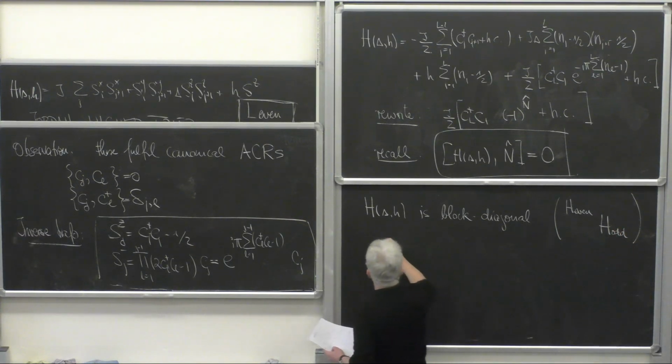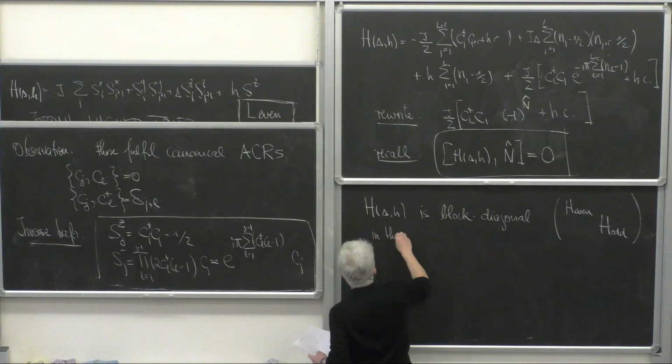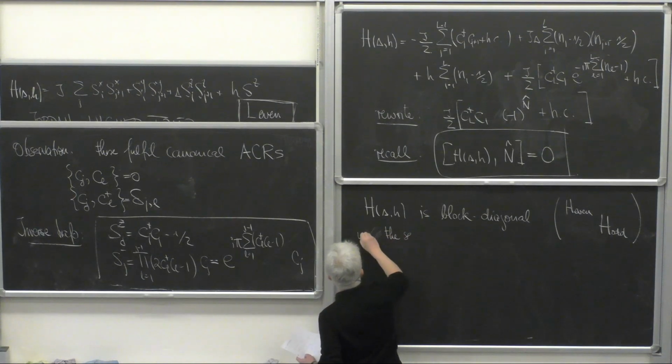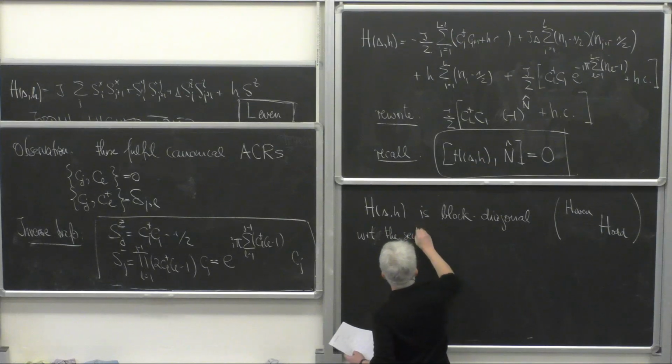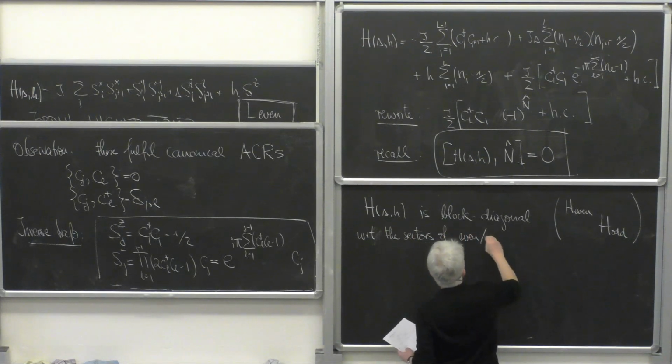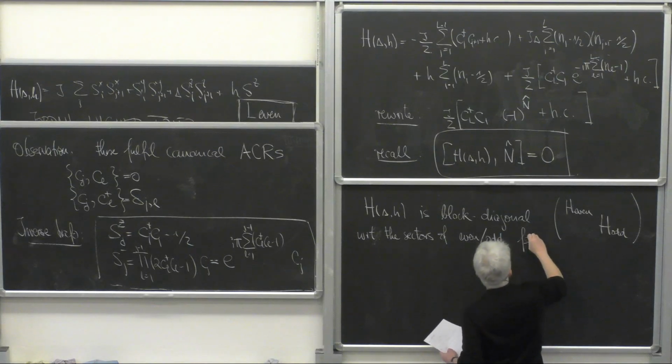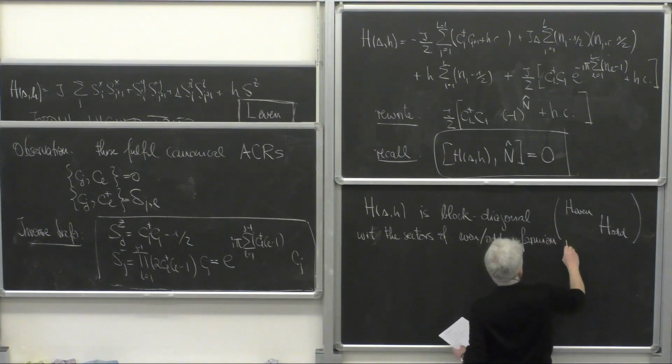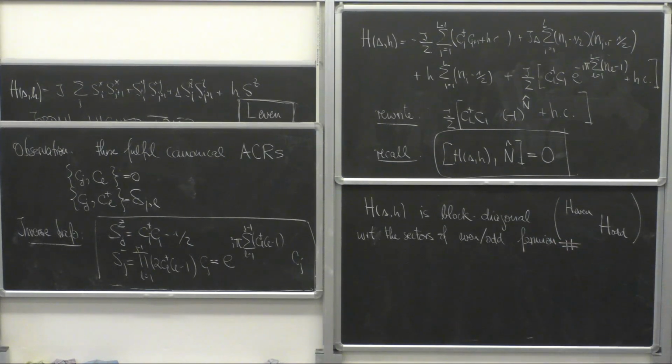It is block diagonal with respect to the sectors of even and odd fermion number. Okay?